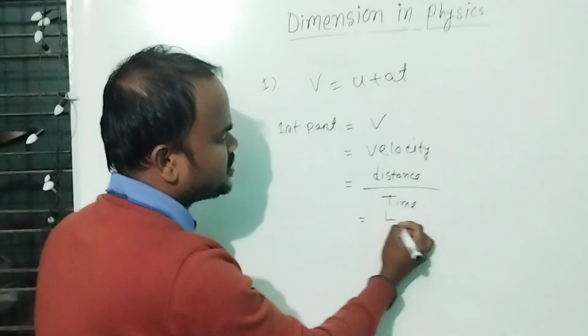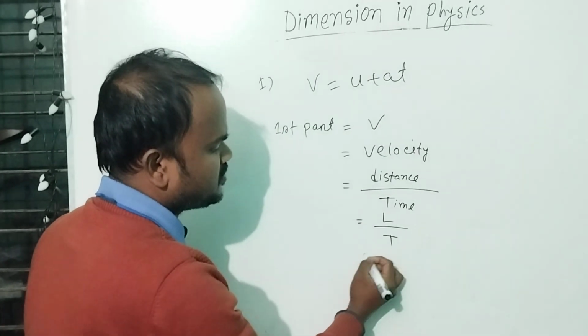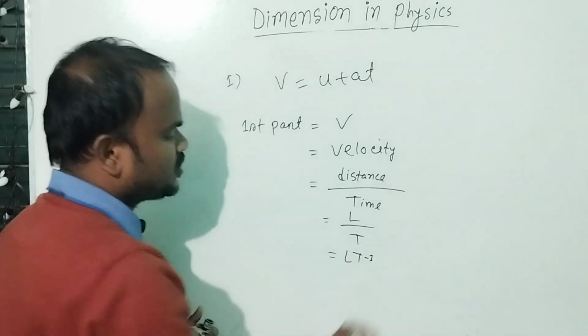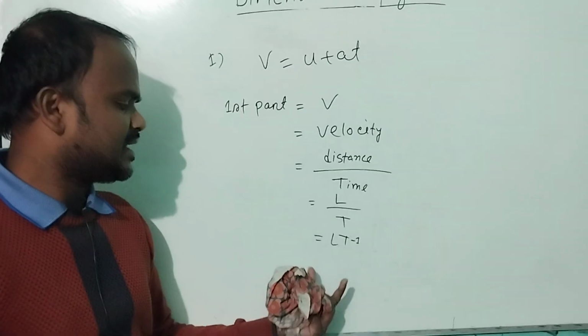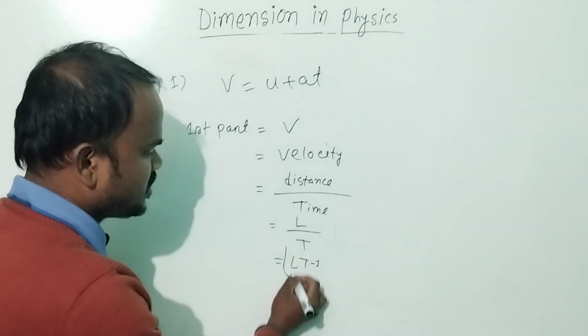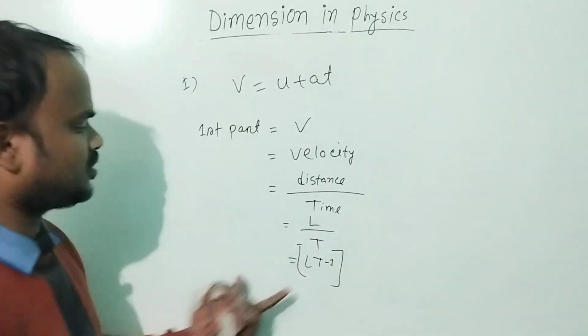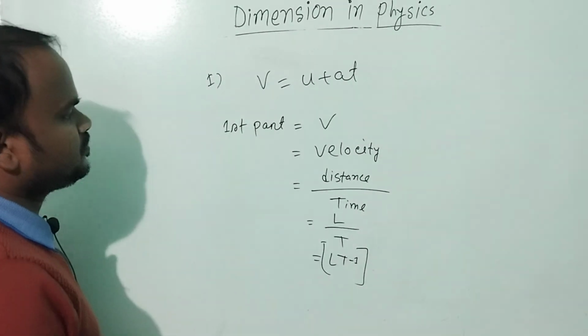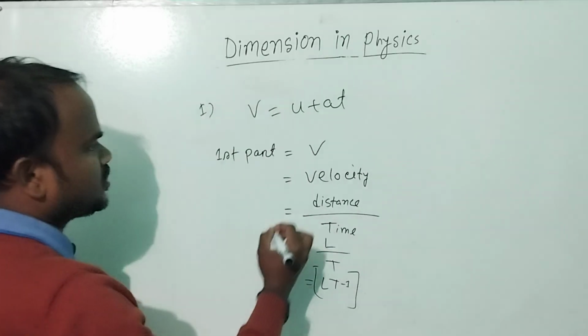So the dimension of distance is L, the dimension of time is T. So this is LT inverse 1. Actually dimension is expressed with third bracket. So we can put a third bracket around LT inverse 1.